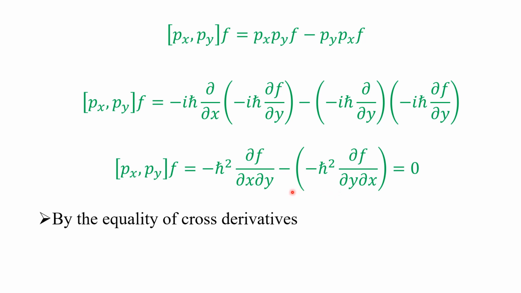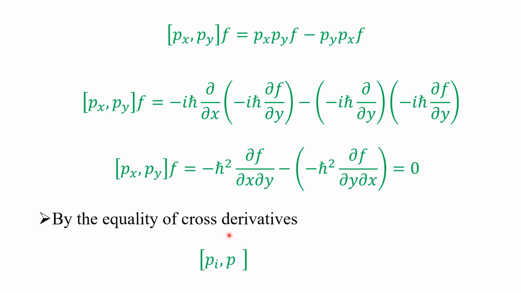We are carrying out the derivative with respect to x and y, so these two terms are equal. See, here minus of minus will become plus, so both terms will get cancelled. You will get 0.